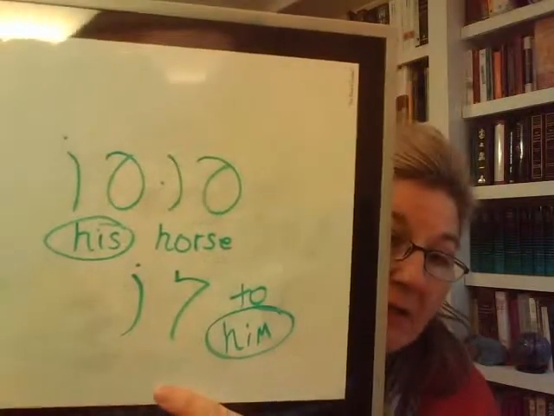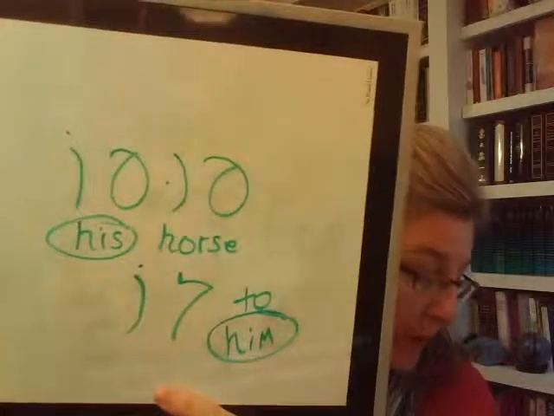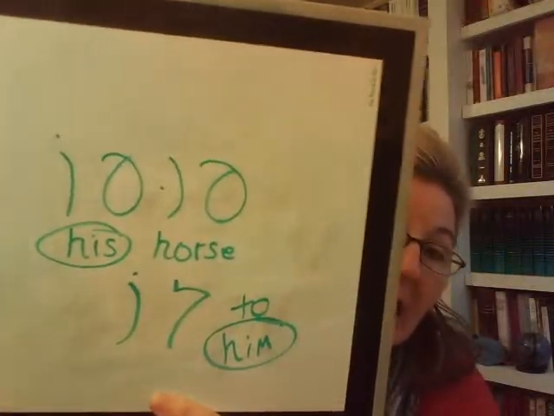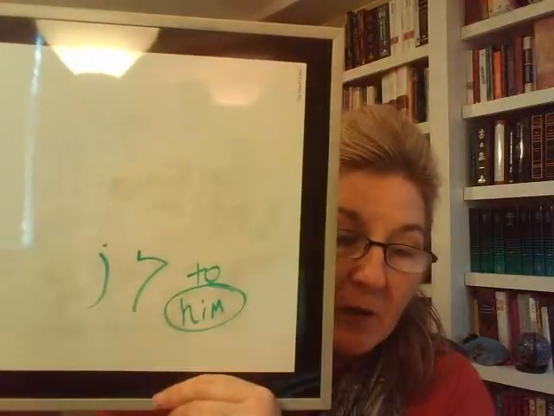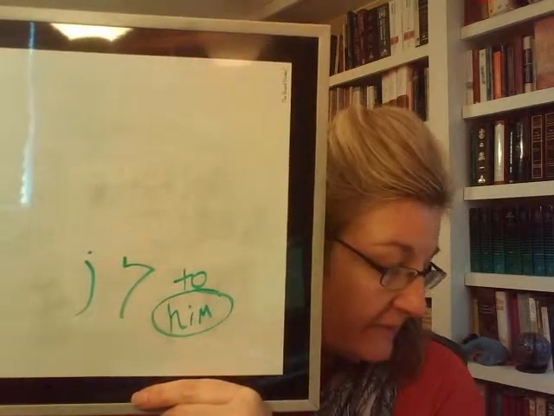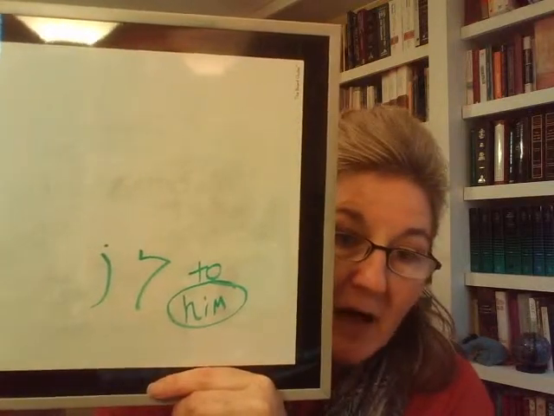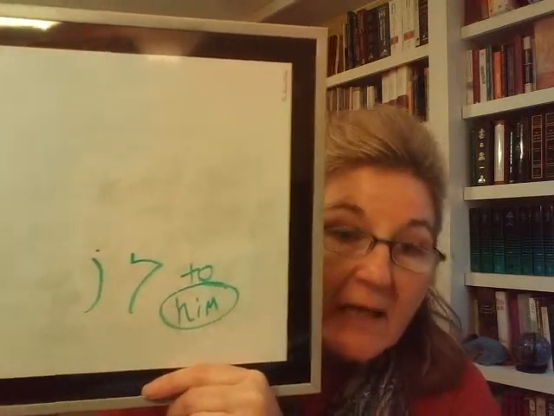So the top one, susO, his horse; the bottom one, lO, to him. Now with verbs, you do not have to concern yourself with the possessive, because verbs will only take a pronominal suffix with an objective value. So with verbs, we use the objective translation value only. That should make it a little bit easier for you.